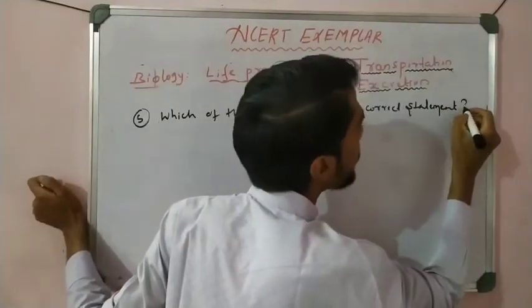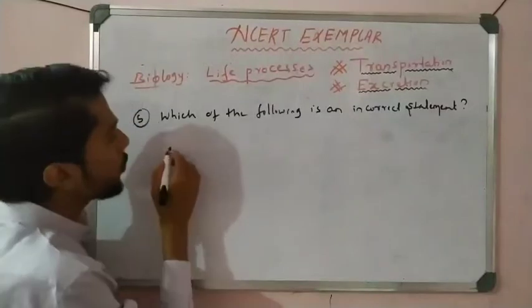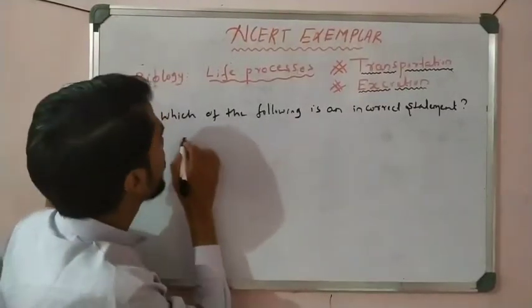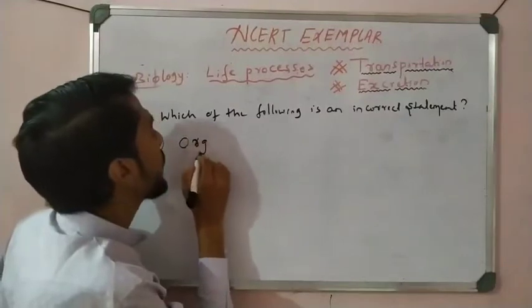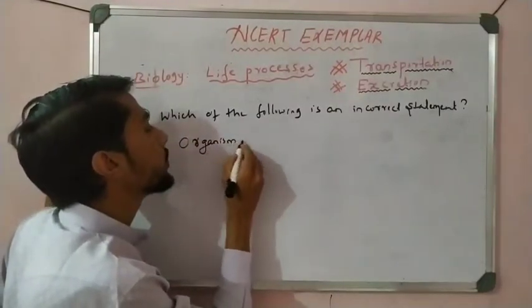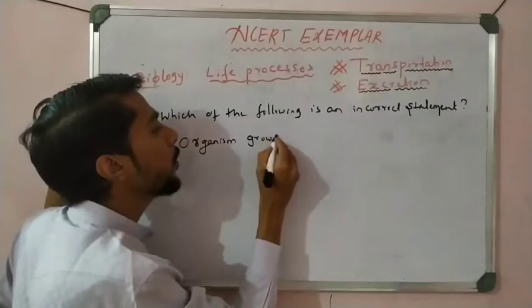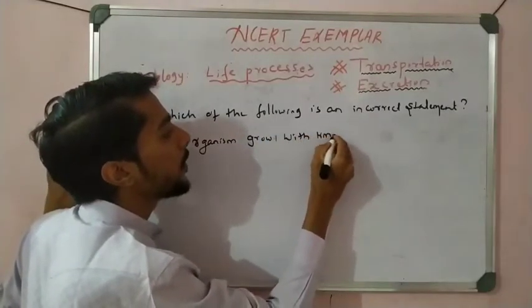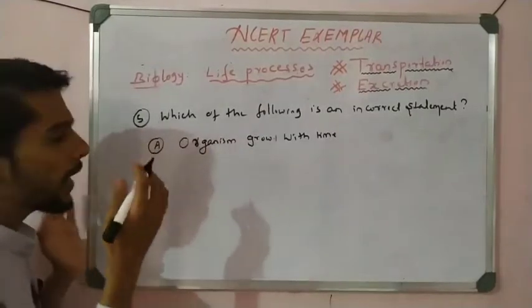Option A, organisms grow with time. It is correct, right? Organisms grow with the time.